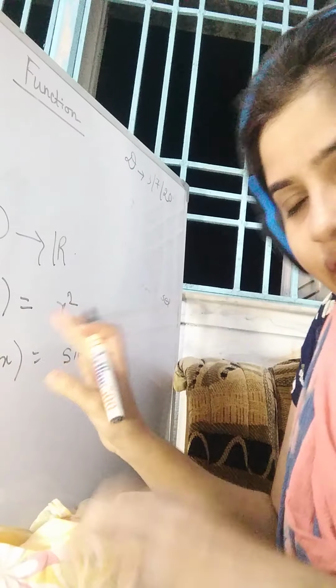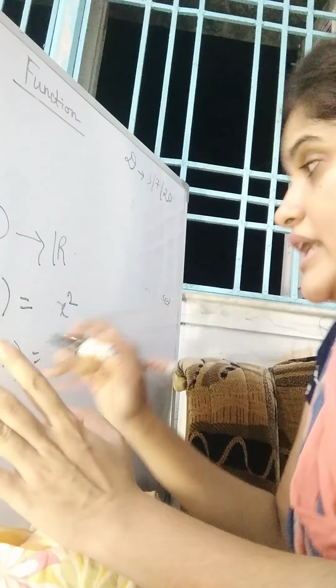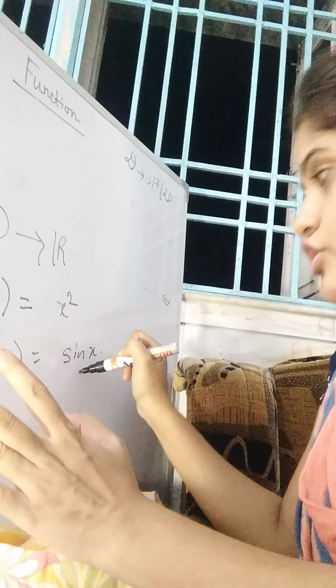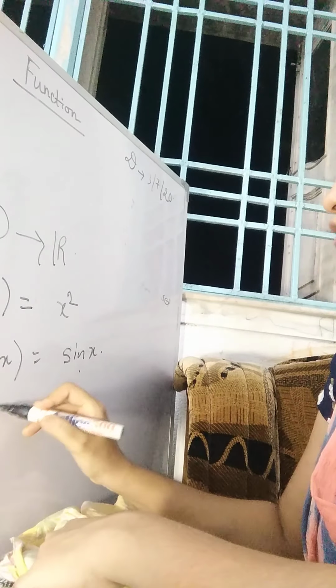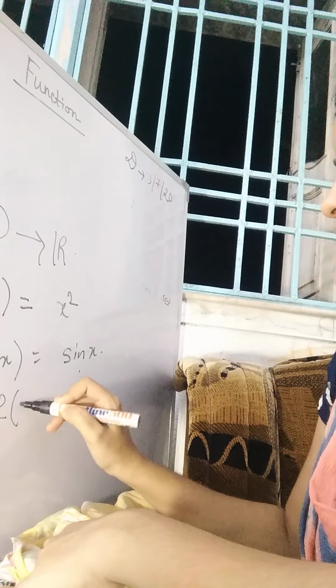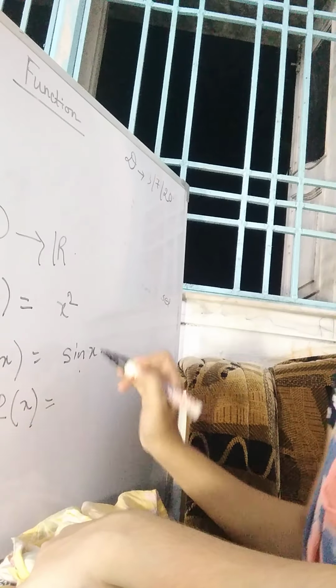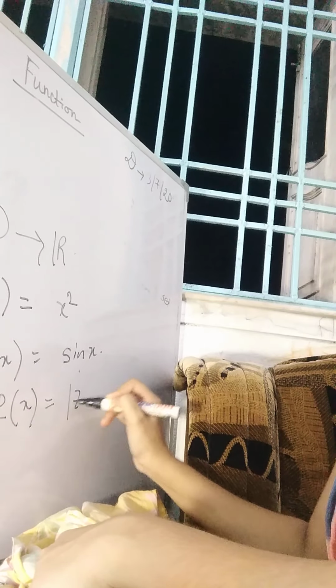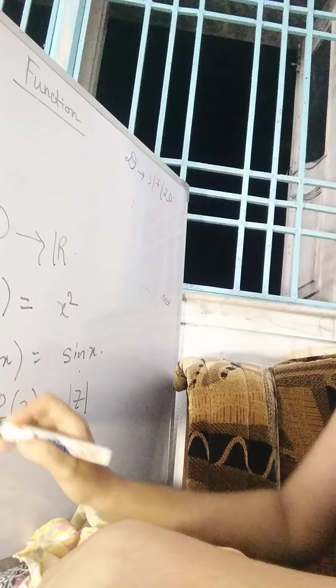Anything can be defined. It can be an algebraic function or a trigonometric function. If you define a function f of x equals mod z, where the function is defined.